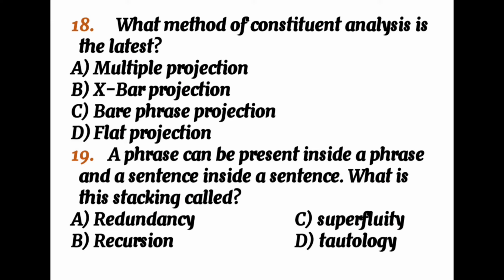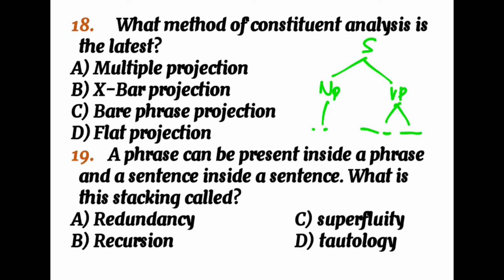If you have studied syntax closely, you must have observed that tree diagrams differ strikingly from one another. There are tree diagrams that say a sentence consists of a noun phrase and a verb phrase, and so on, different constituents.